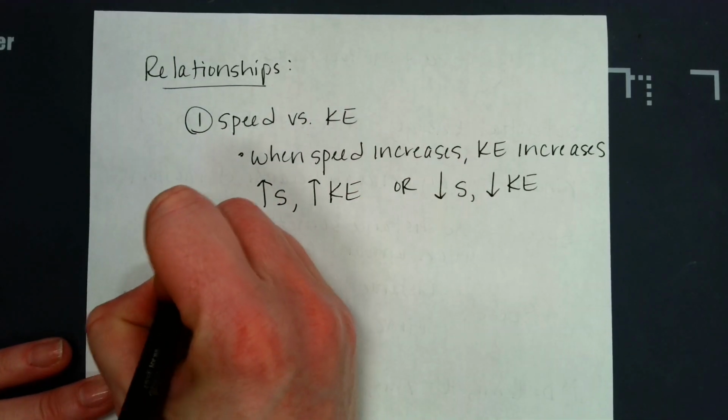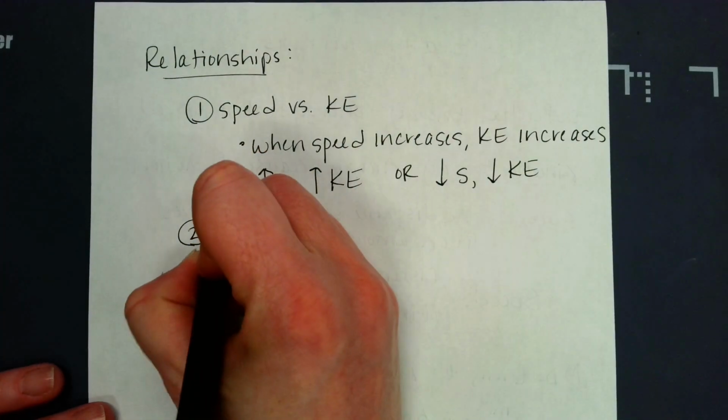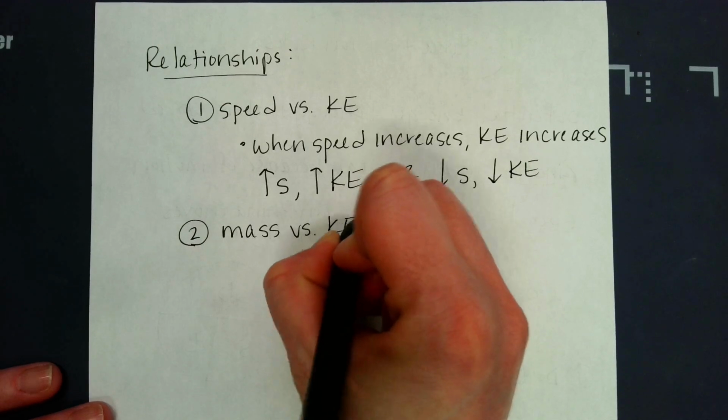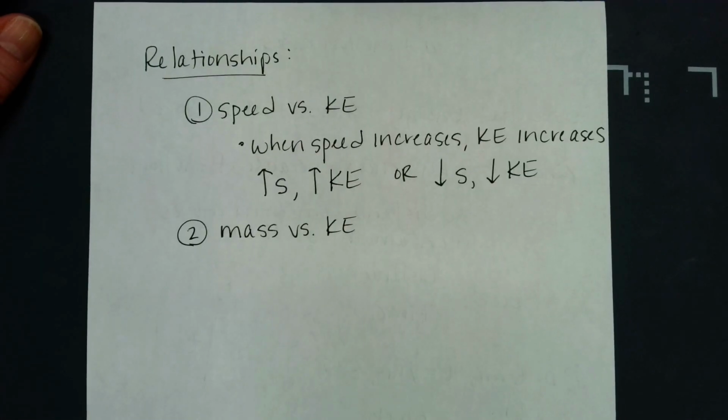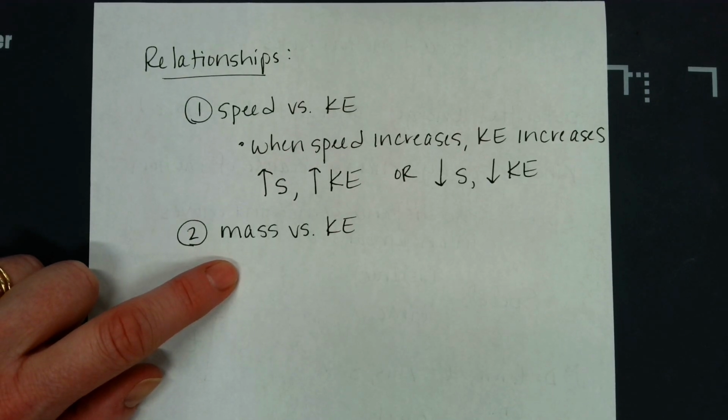All right, second relationship we talked about was what we did today. Mass versus kinetic energy. What did your lab prove to you today? More mass means more kinetic energy, right?